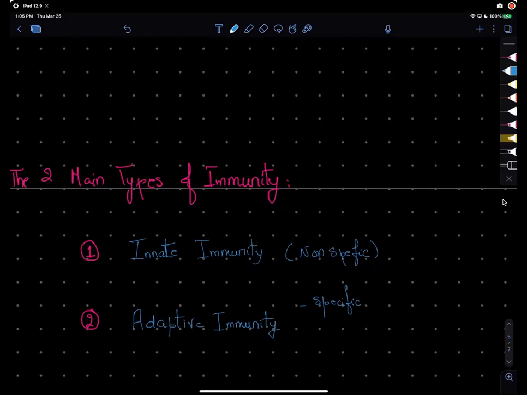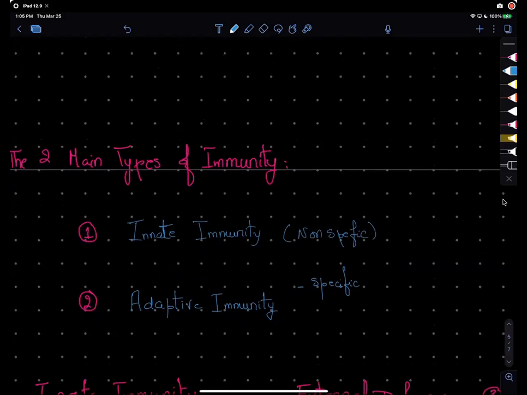What are the other two characteristics? Very important characteristics here for the adaptive immunity. Specific, it's systemic, so it reaches all the body organ systems, and has memory.